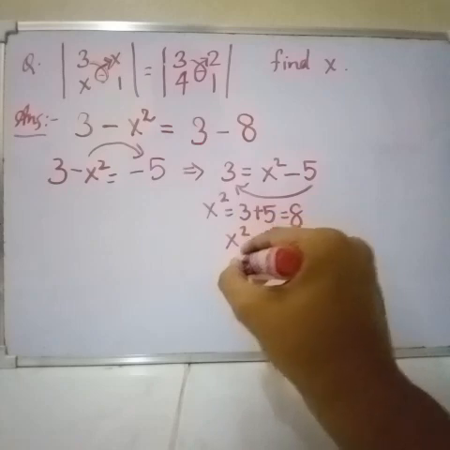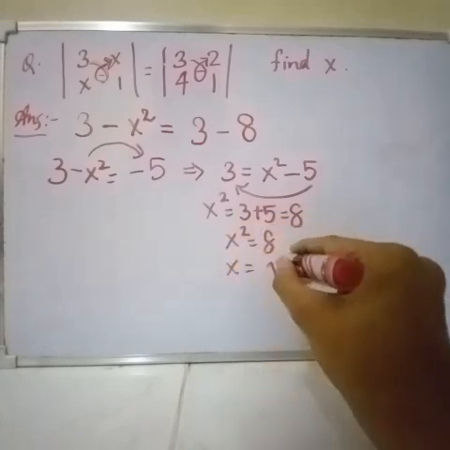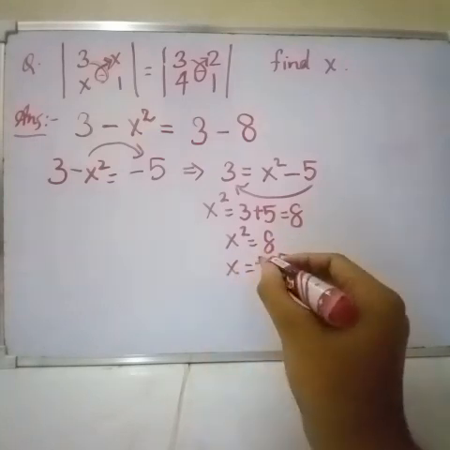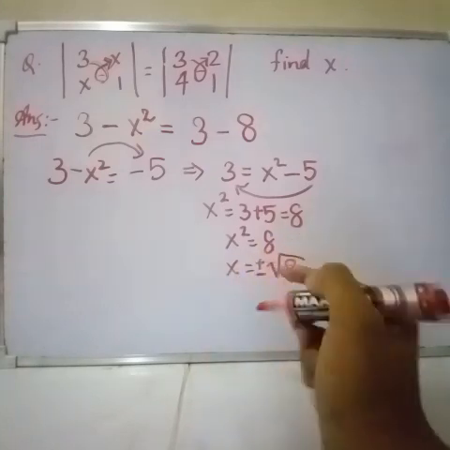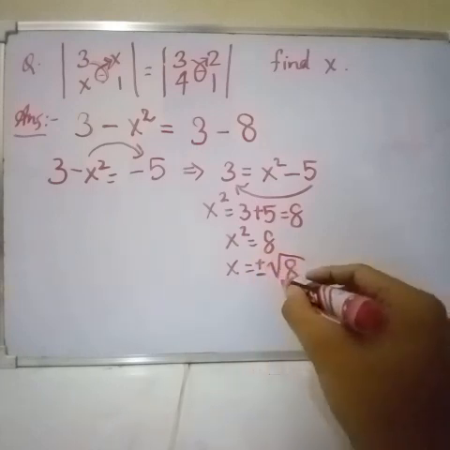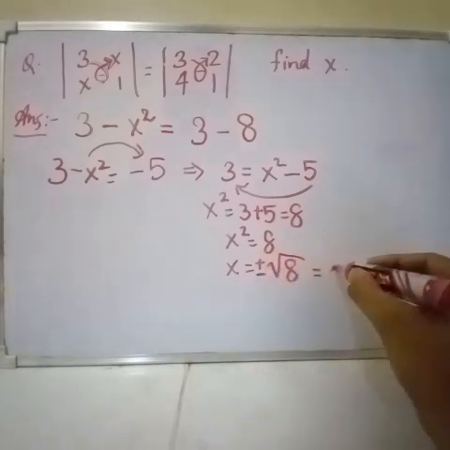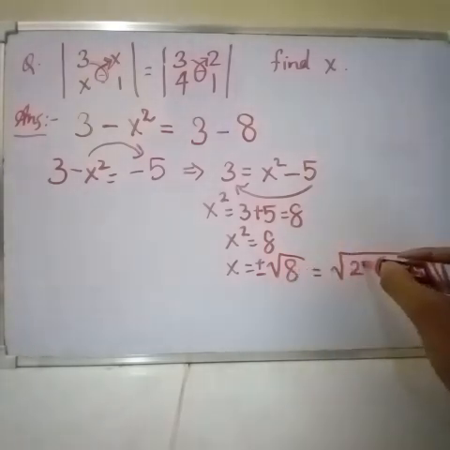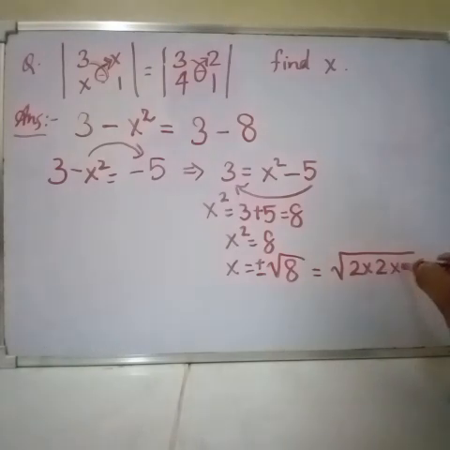Then you have to find the square root of 8 to find the value of x. X can have both positive and negative values, so x is equal to plus or minus root 8. You can actually simplify this root 8. 8 can be written as 2 into 2 into 2.